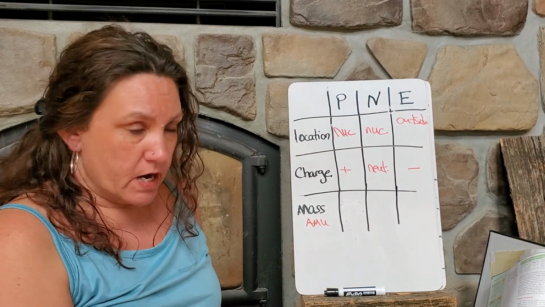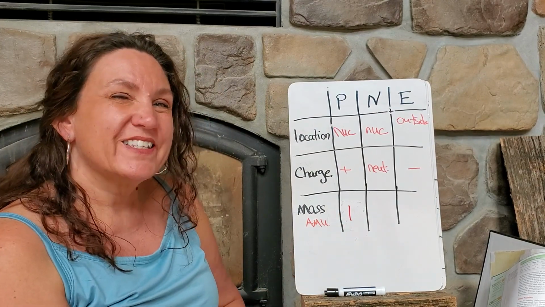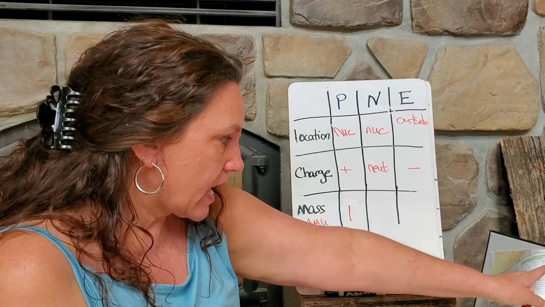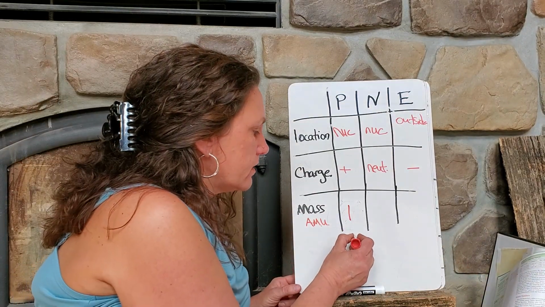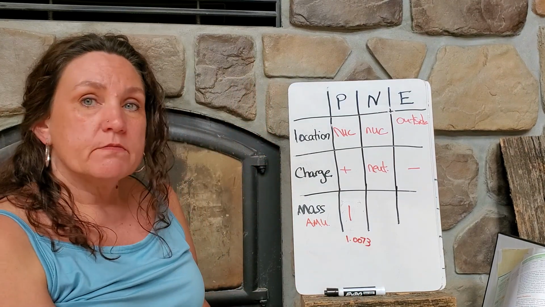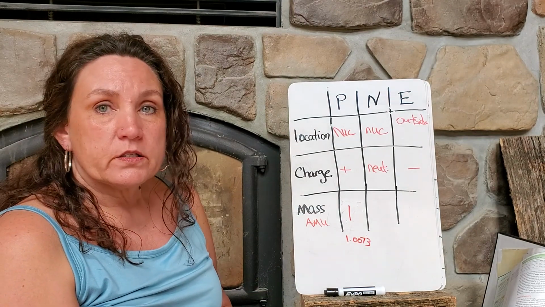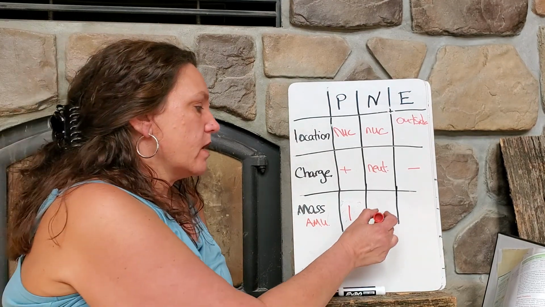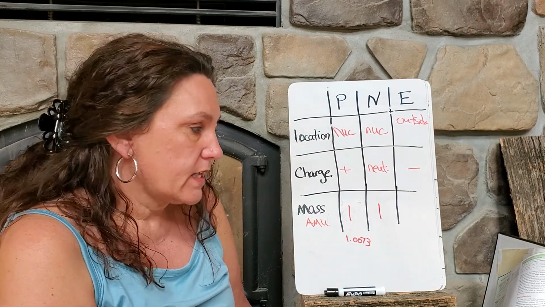We have always rounded them to say that a proton weighs 1. It's not exact. I've got the exact number here. It is 1.0073. So close, so we just rounded it to 1. We also said that a neutron had a weight of 1. Again, it's not an exact number.